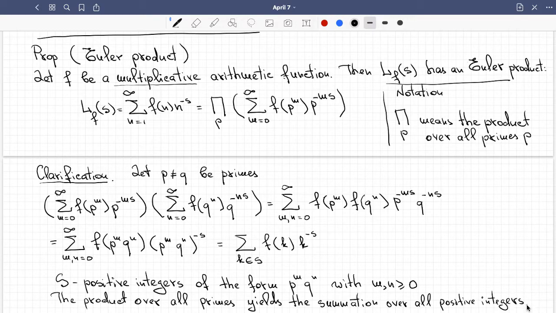That is an explanation why, for a multiplicative arithmetic function, the Euler product identity takes place. All right.